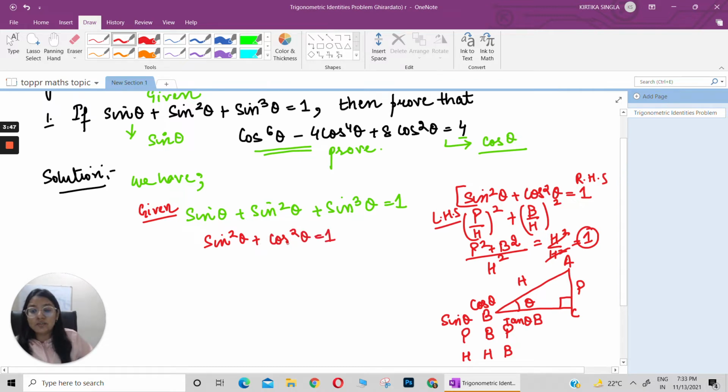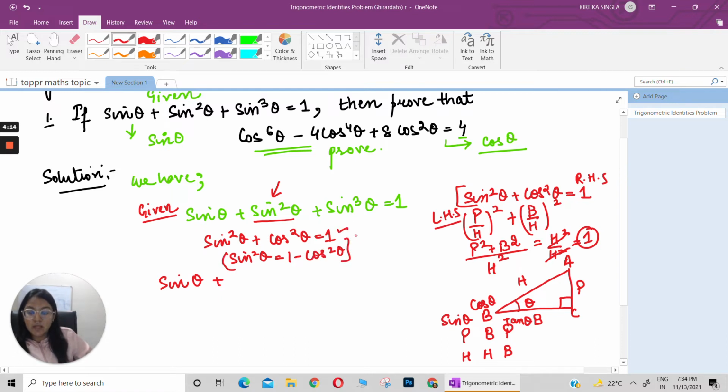Why do we need to use it? Because if we put sine square theta equal to 1 minus cos square theta, then one of the functions in the given problem can be converted into cos form. So we can write sine theta plus, sine square theta is equal to 1 minus cos square theta.